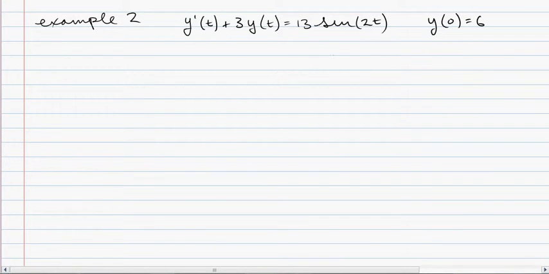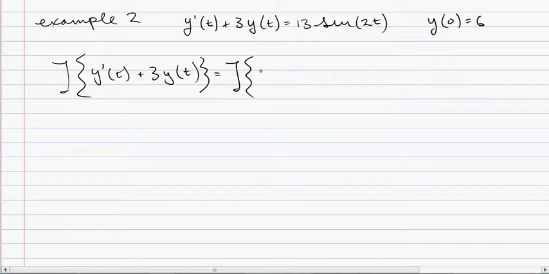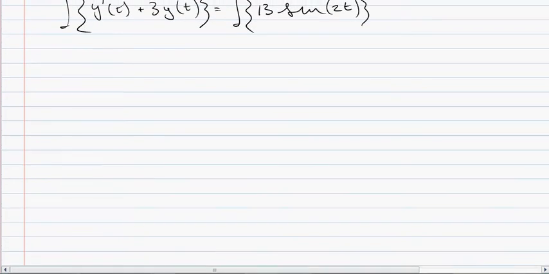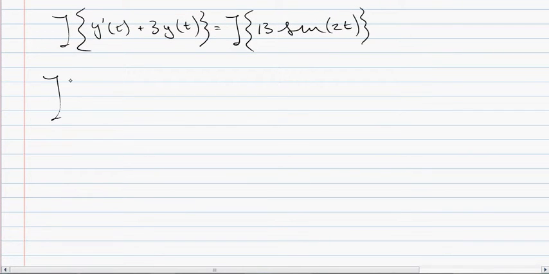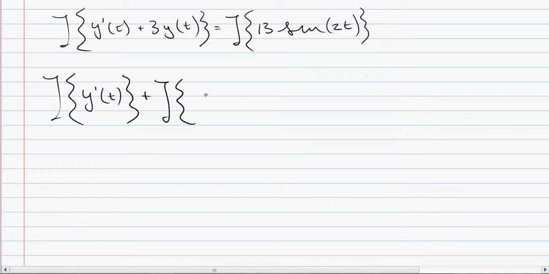Okay, so what we're going to do is just take the Laplace transform of both sides. And on the left side, it's linear, so we're just going to have the transform of y prime of t plus 3y of t.